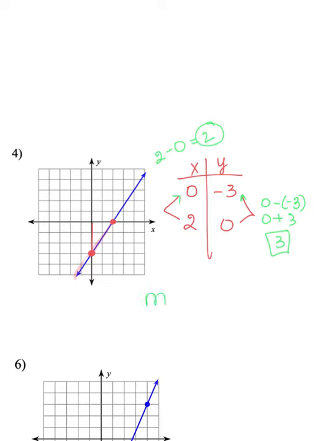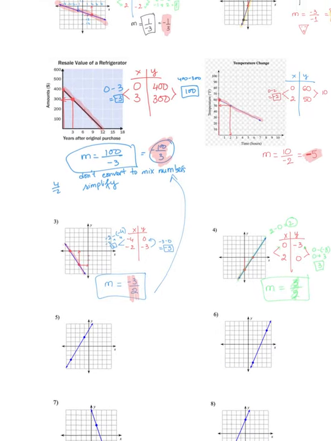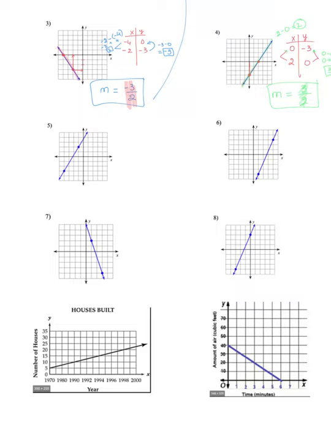So rate of change will be change in y, 3, change in x is 2, so we have 3 over 2. So again, the line is going up, so your answer is positive. So we're going to finish 5, 6, 7, 8, 9, and 10 on your own.